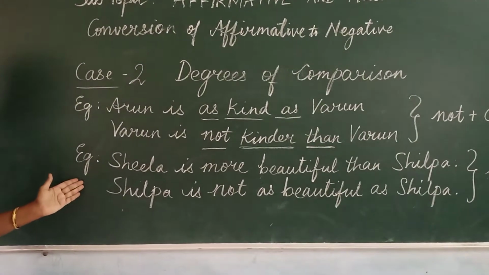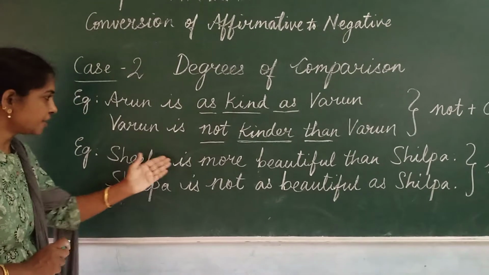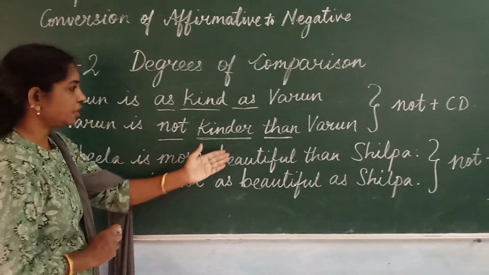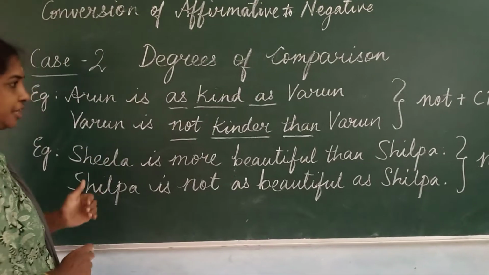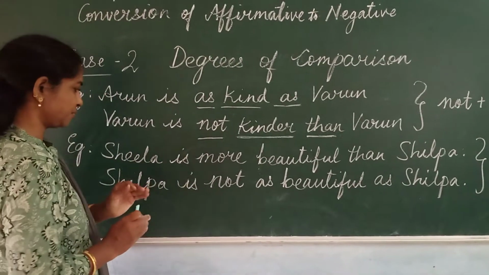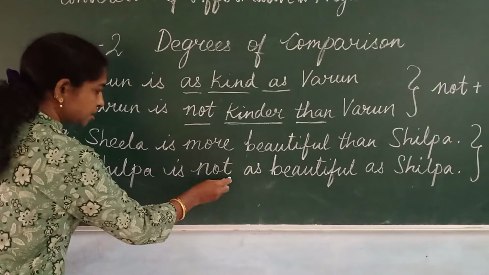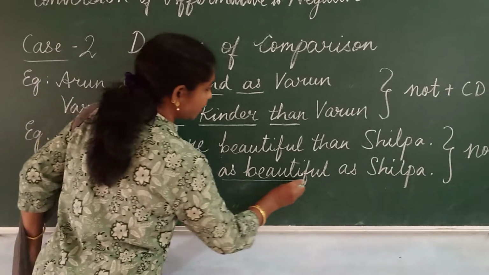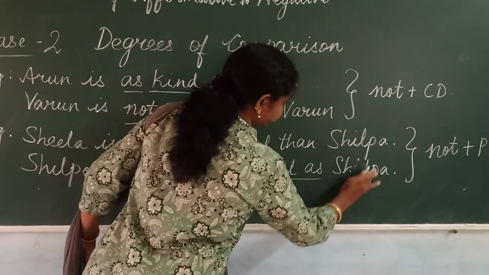Let's check if the sentence is in comparative degree. Sheila is more beautiful than Shilpa. Here the sentence is in comparative degree. I need to convert it to negative. What will I be doing? Shilpa is not as beautiful as Sheila.